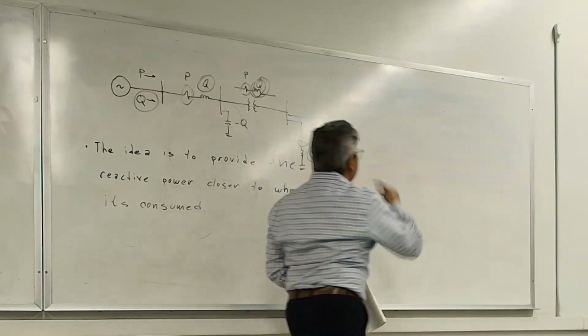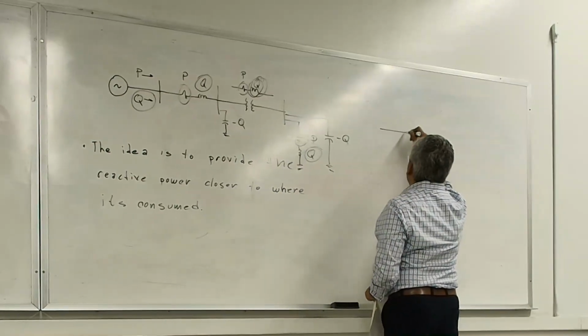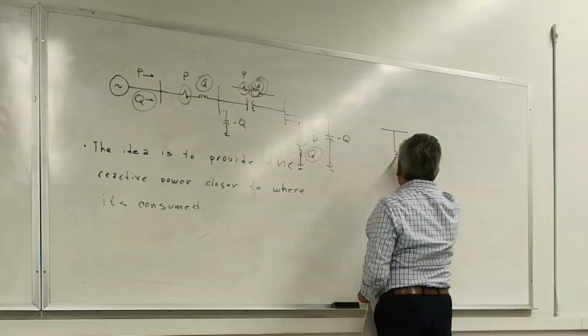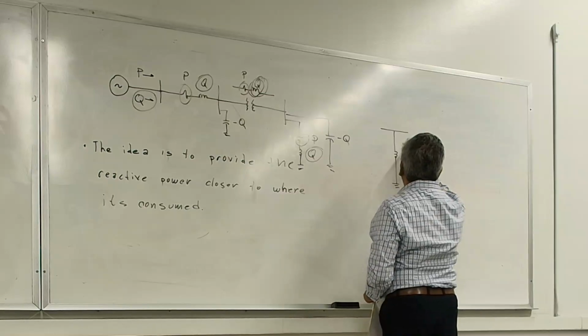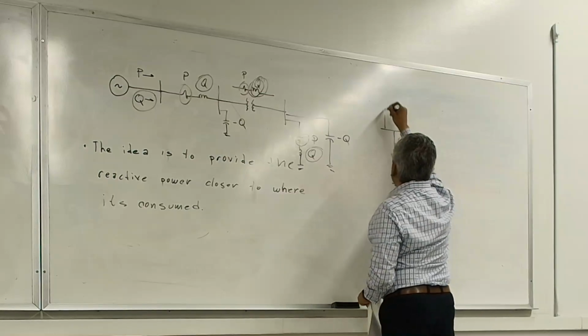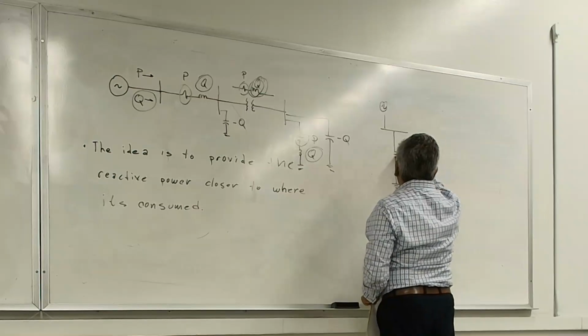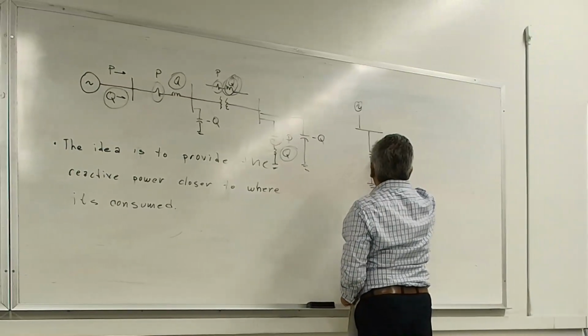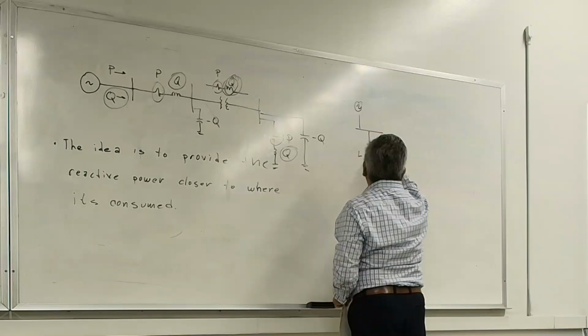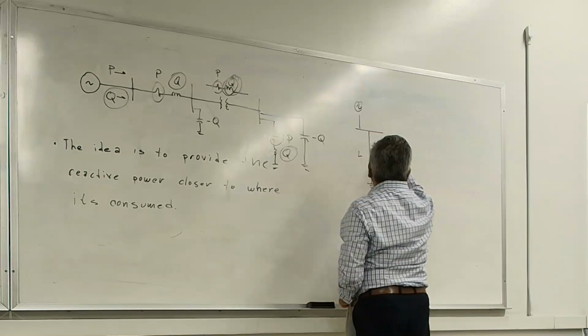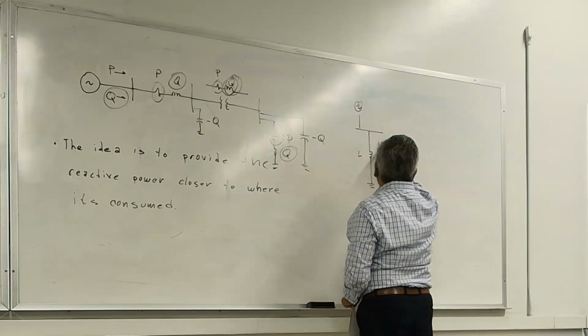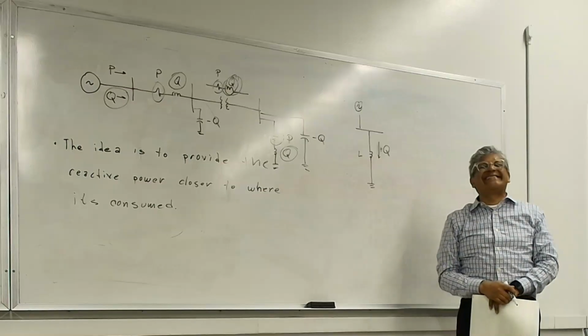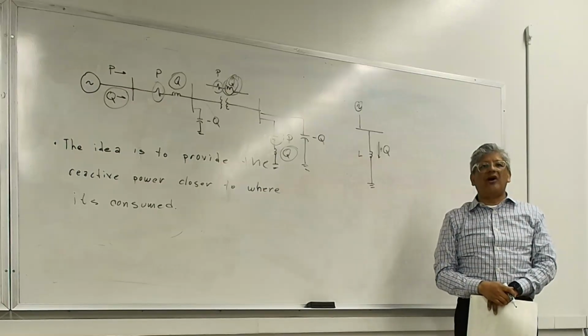All right, so he was asking, how do you know what is consumed and what is produced in the system? This right here, QL, is positive, and we call it a sink of vars.